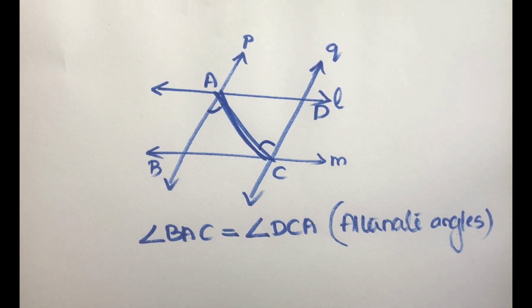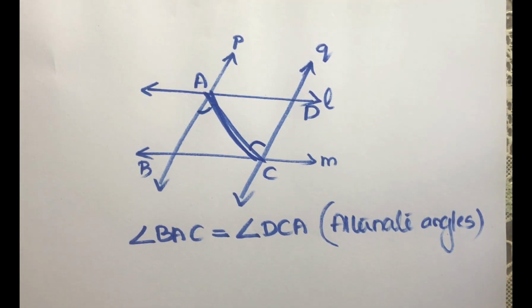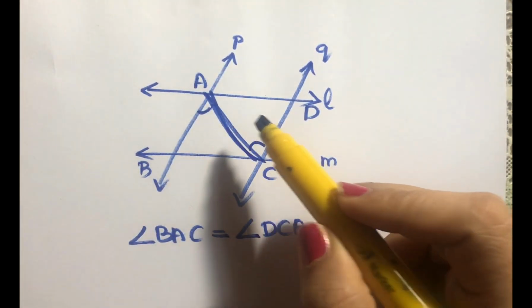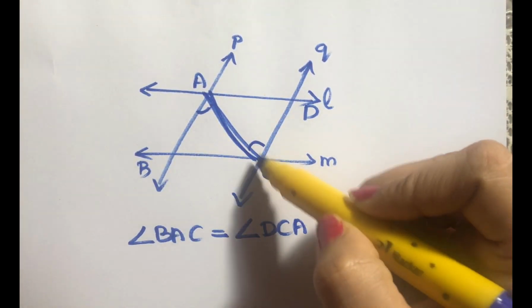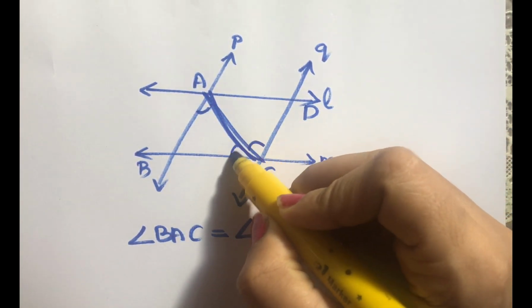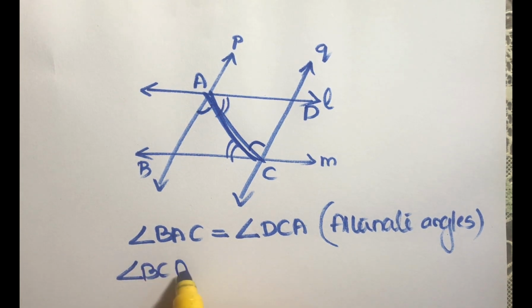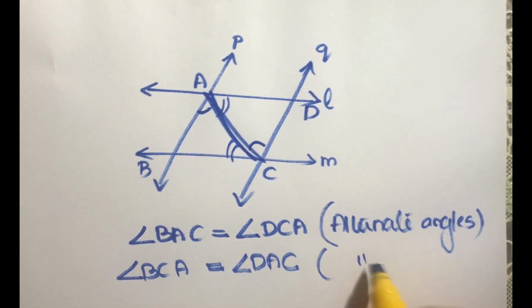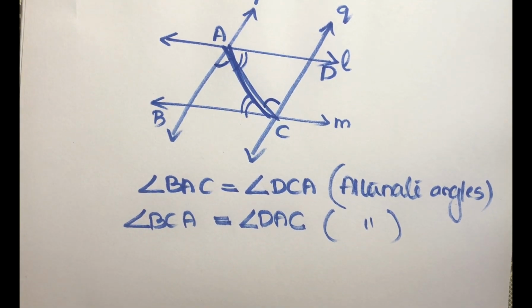And now also L is parallel to M and AC is a transversal. So therefore angle BCA and angle DAC, these two angles will be equal. Why? Alternate angles, because L and M are parallel and AC is a transversal.